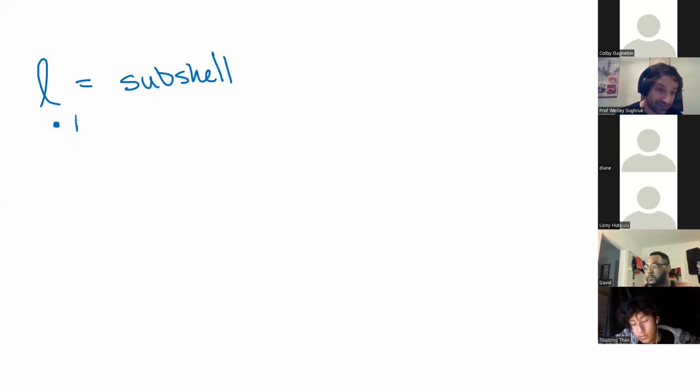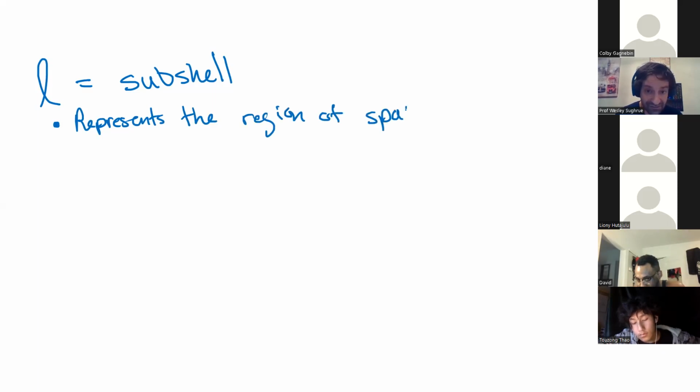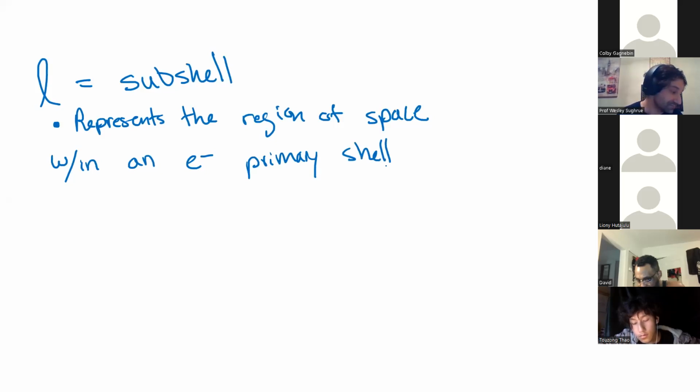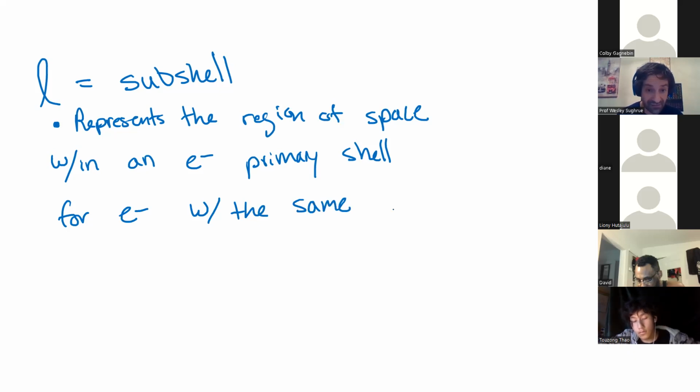It represents the region of space within an electron primary shell, for electrons with the same energy.